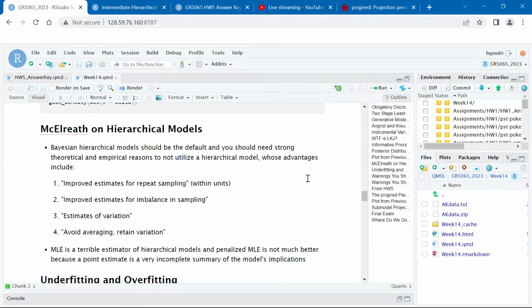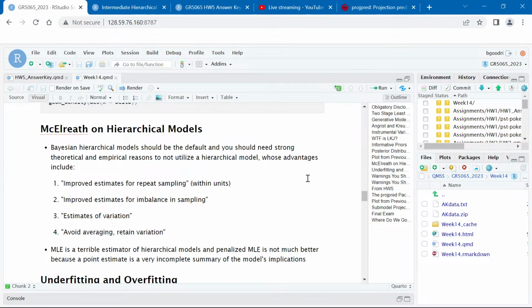And so that sort of leads to Montgomery. This is not quite the last chapter of the book, but it's close to the last chapter, circling back to what he said in the first chapter, which is that Bayesian hierarchical models should really be the default. You would need a strong theoretical and probably empirical reason to use a flat model when you can use a hierarchical model, which has several advantages, four of which are mentioned explicitly.